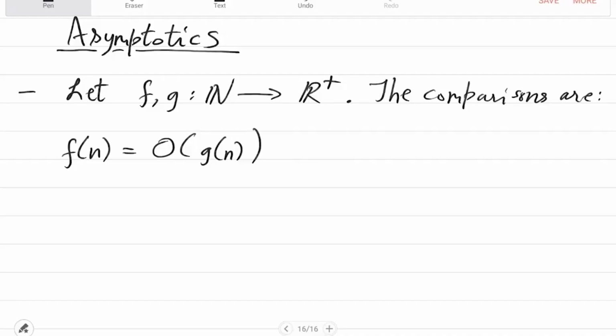So in the beginning things may be bad, so f and g may be fluctuating a lot, but after a point, let's say n greater than or equal to n0, which is again an absolute constant, after this break point, f(n) will always be smaller than c times g(n), or equivalently the ratio of f and g will never exceed c, okay, after the break point.